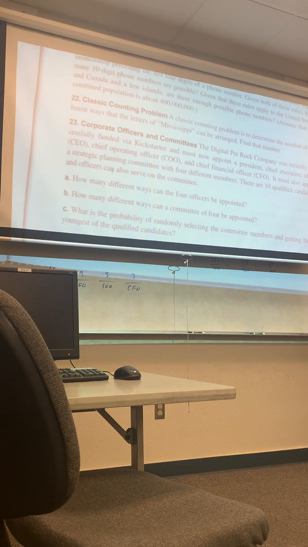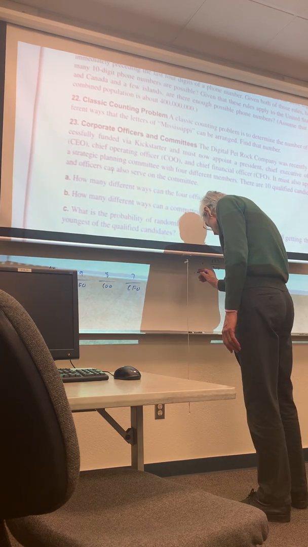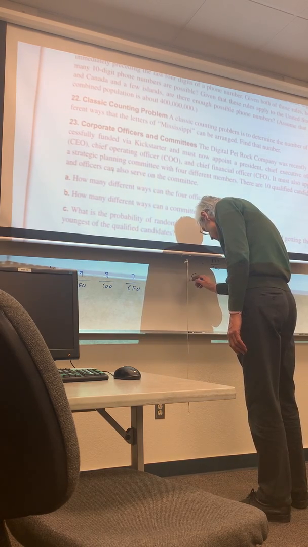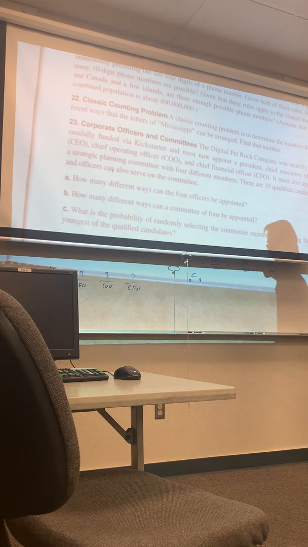Now, B, how many different ways can a committee of 4 be appointed? Well, does the order matter here? No, it doesn't. So that would be C(10, 4), 10 choose 4.